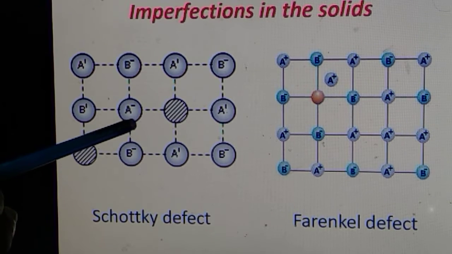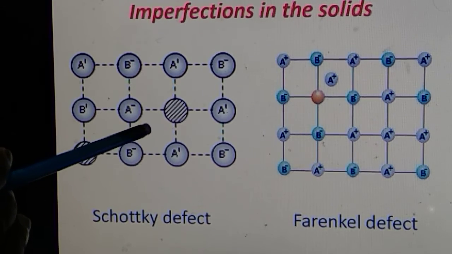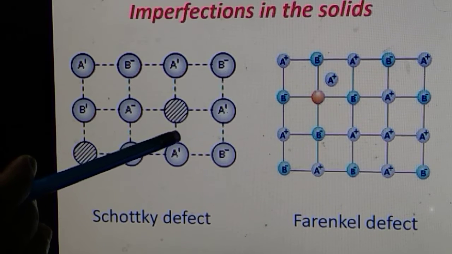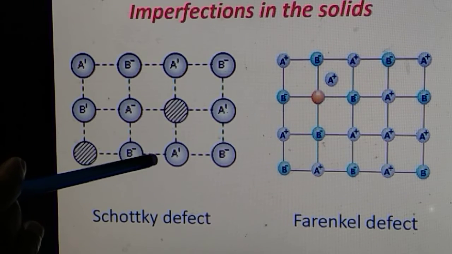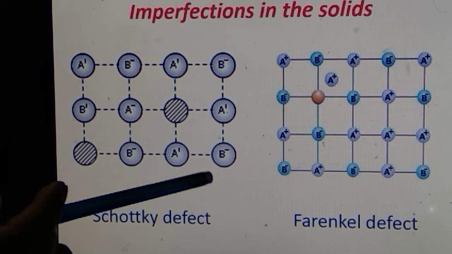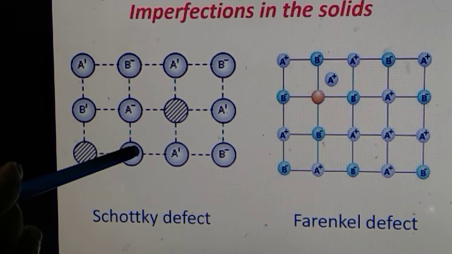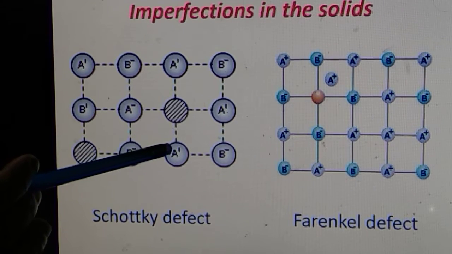Now, point defects are of types: stoichiometric defect, impurity defect and non-stoichiometric defect. Now students, what is stoichiometric defect? These are the point defects that do not disturb the stoichiometry of the solid.